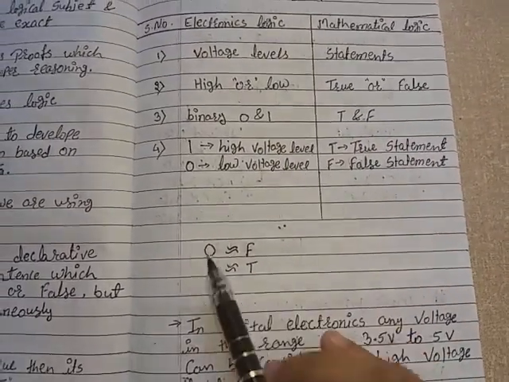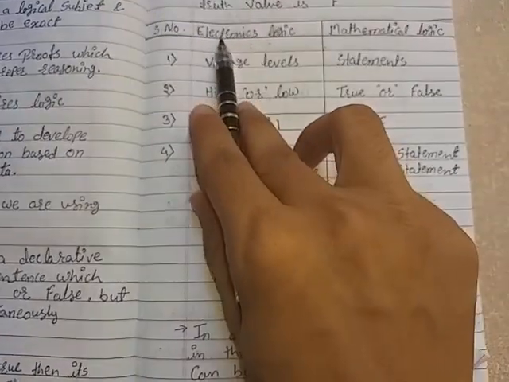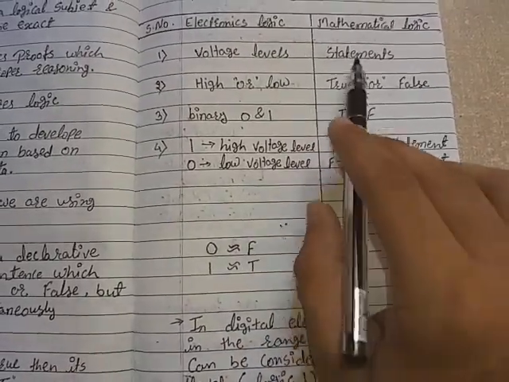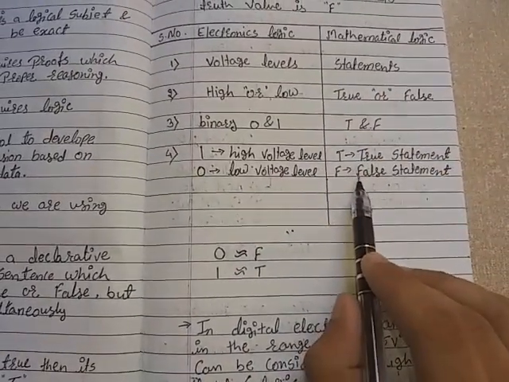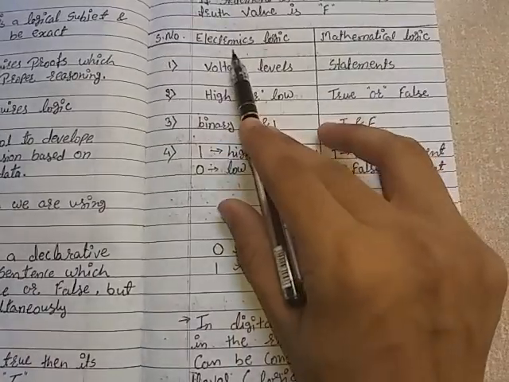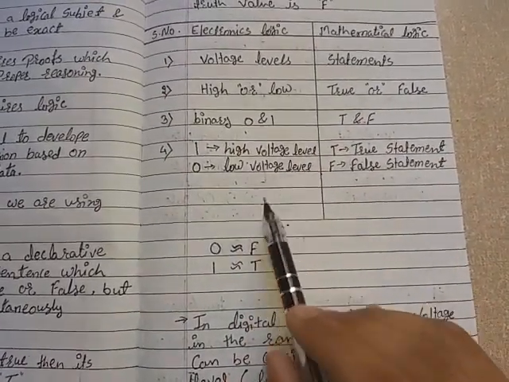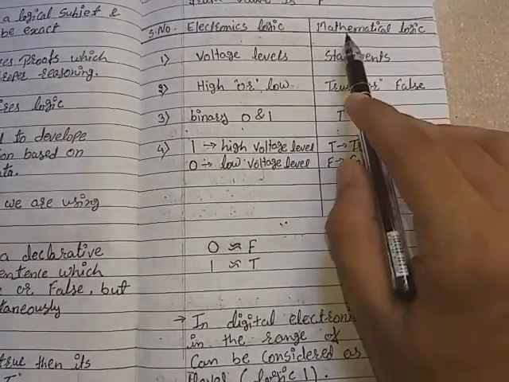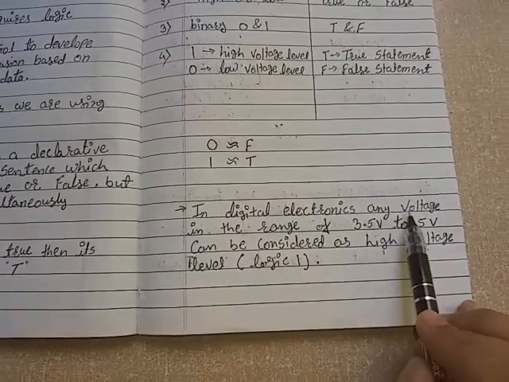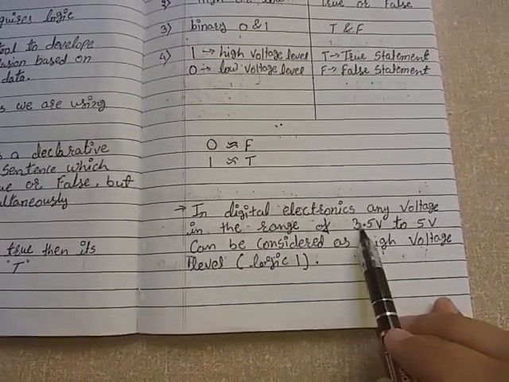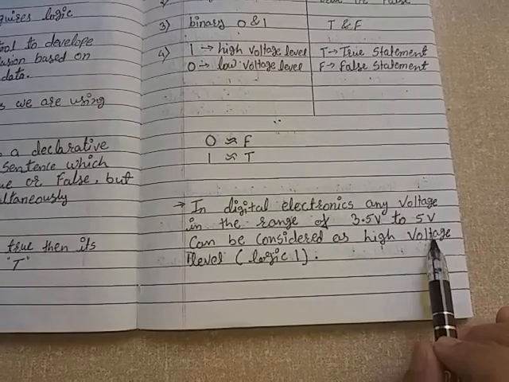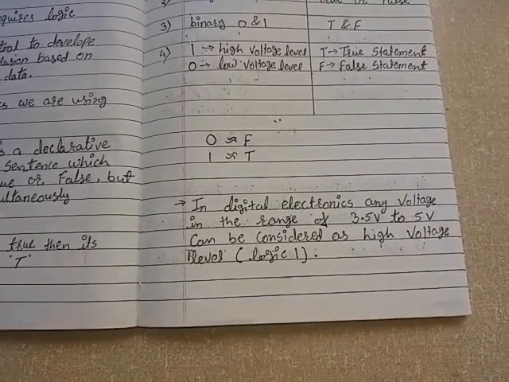So we can say that 0 of electronics logic, which represents low voltage level, is equivalent to F in mathematical logic, which represents false statement, and 1 of electronics logic, which represents high voltage level, is equivalent to true statement in mathematical logic. Now, in digital electronics, any voltage in the range of 3.5 volt to 5 volt can be considered as high voltage level, that is logic 1.